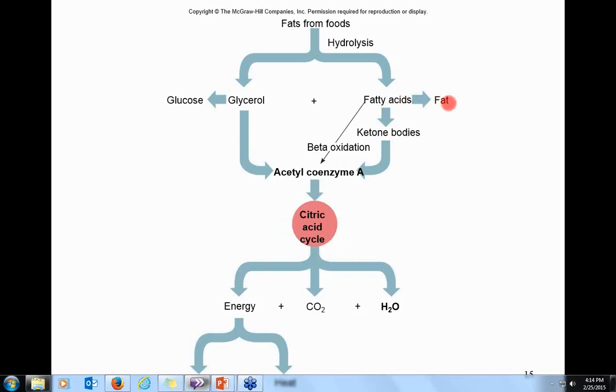Fatty acids can be used to build fats or broken down into ketone bodies, and those can be converted into acetyl coenzyme A, the first reactant in the citric acid cycle. And of course, once things enter the citric acid cycle, they're oxidized, and that is used to build energy in ATP and heat.